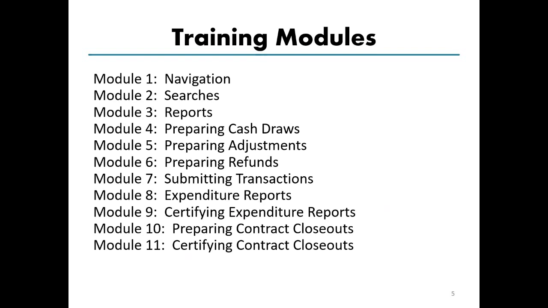This tab gives you an indication of what is included in each of those training modules, including how to navigate the system, how to prepare cash draws and adjustments, how to submit transactions, and how to prepare and certify expenditure reports or contract closeout packages.